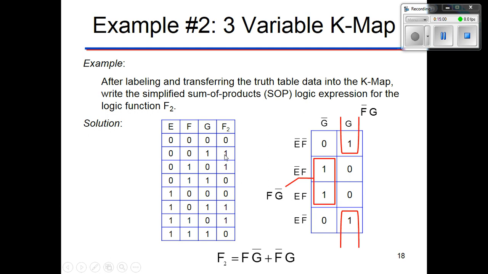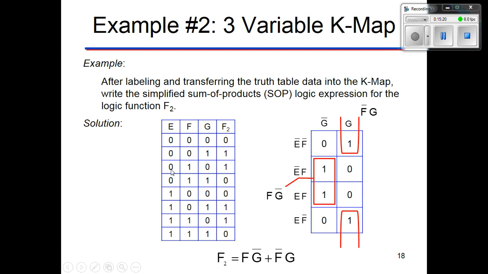So when I transfer my minterms, I'm just going to do the ones, right? So I have not E, not F, G. So it's this one, right? It's right here.